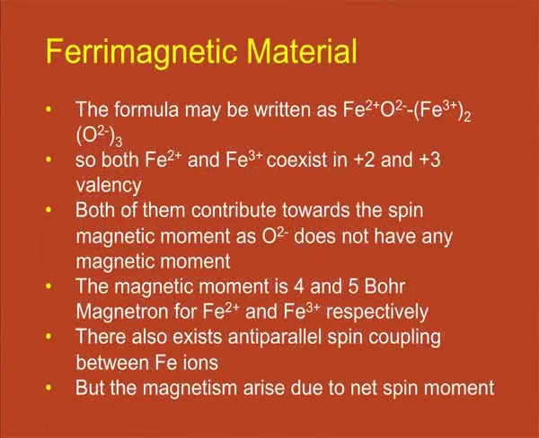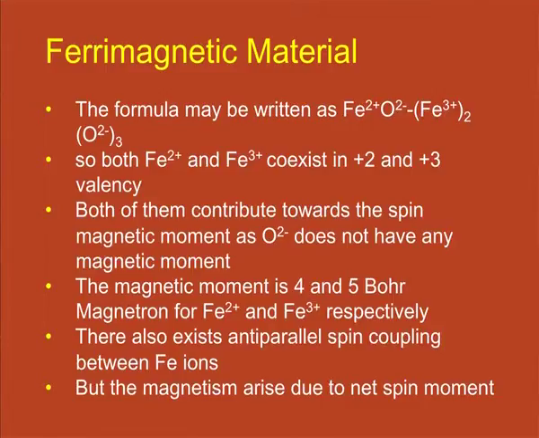Now, the formula may be written as Fe2+ O2- or Fe3+ 2 O2- 3. So, both Fe2+ and Fe3+ coexist in plus 2 and plus 3 valency. Both of them contribute towards the spin magnetic moment, whereas oxygen ion, that is O2-, does not have any magnetic moment.